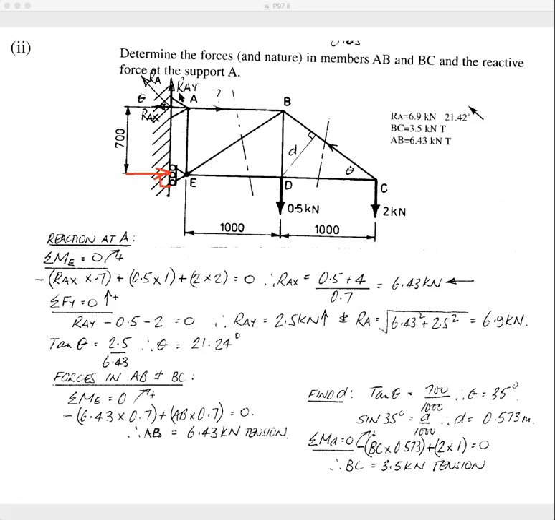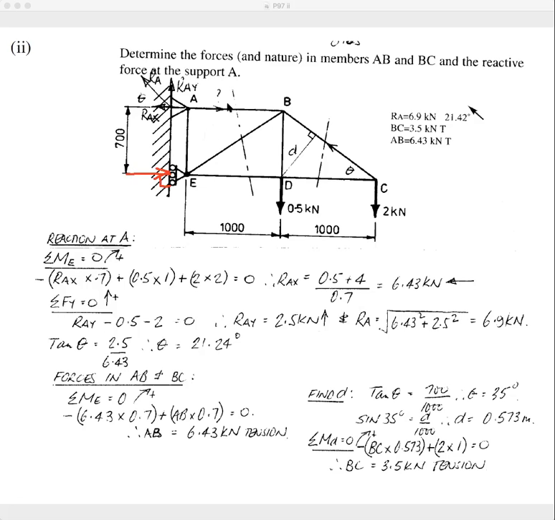And to find the vertical component at A, because this force here cannot resist a vertical force, the vertical component is that force, which has got to equal that force plus that force. And this is how you state it. The sum of the vertical forces equals 0 with up positive. So we've got RAY, which is going up, which is positive, minus 0.5 minus 2 equals 0. So we've got a positive answer there, so that definitely goes up. And so that's 2.5 kilonewtons going up.